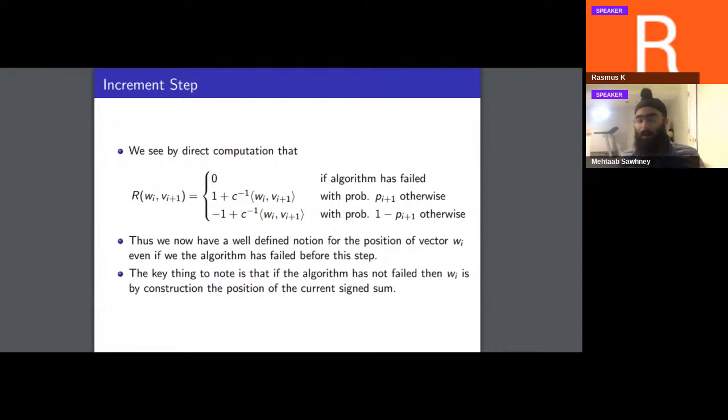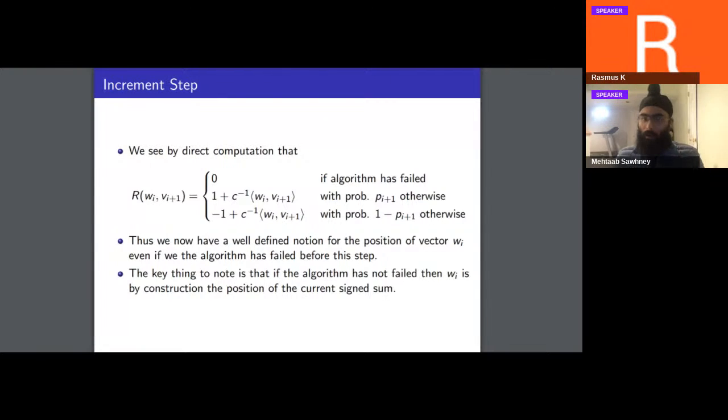And otherwise, it's minus (1 plus C inverse times the inner product of wi and vi+1). Note that one of the conditions for the algorithm not to fail is that the inner product between the two vectors is at most C. So that condition implies that r in these two cases is bounded by 2.